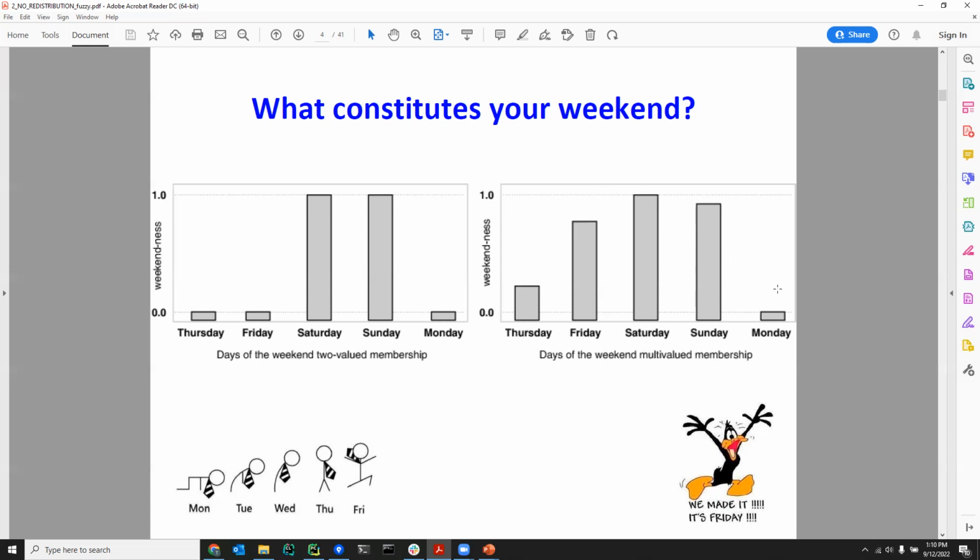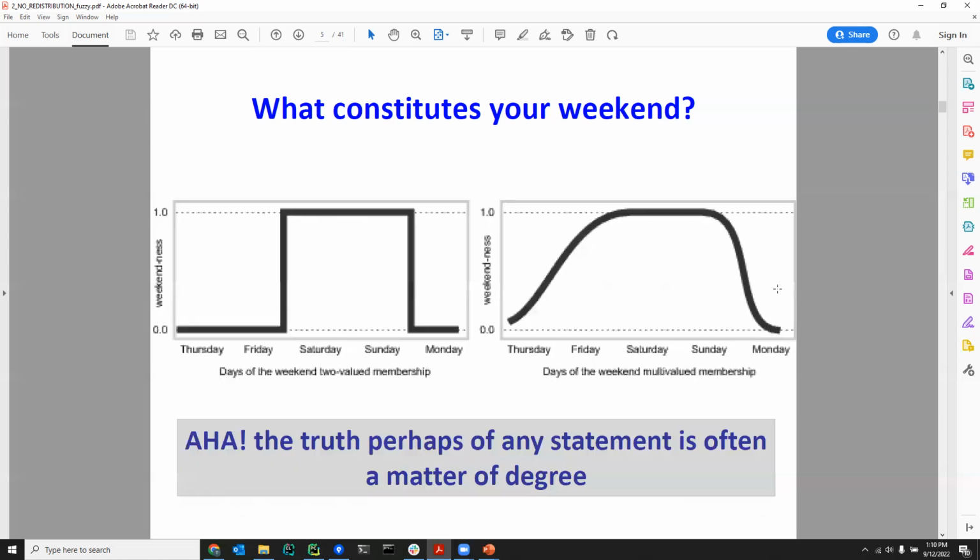So this is sort of the idea of not just fuzzy logic, but multi-valued logic in general between 0 and 1. But fuzzy allows you to do even things beyond this. So the functions that describe your weekendness, on the left-hand side, we have this visualization of a function that describes it for the Boolean or classical case.